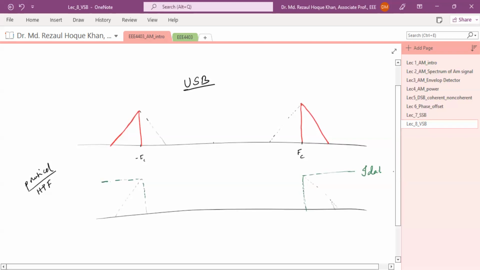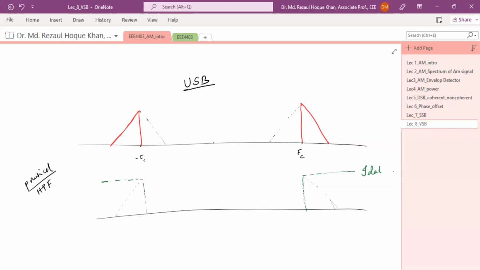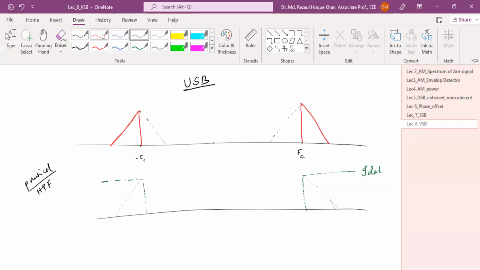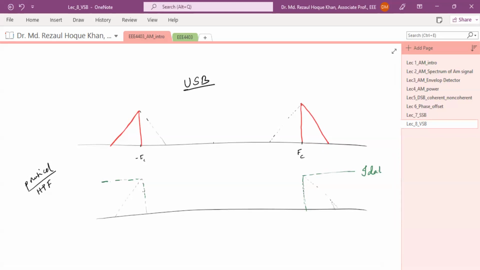But because of the practical nature, this will not happen. So how will it happen? For example, this is plus FC, this is minus FC.